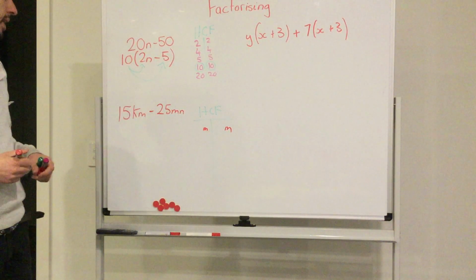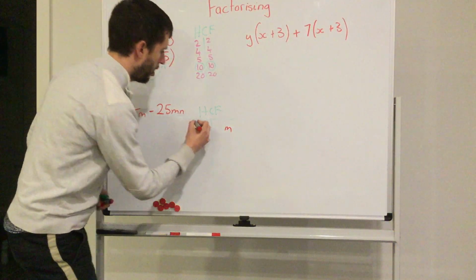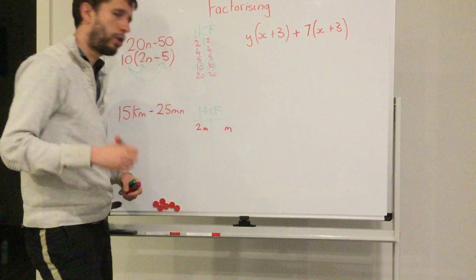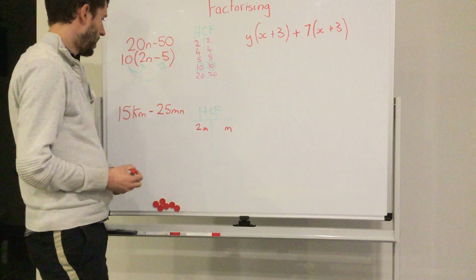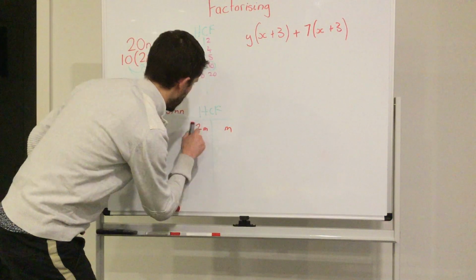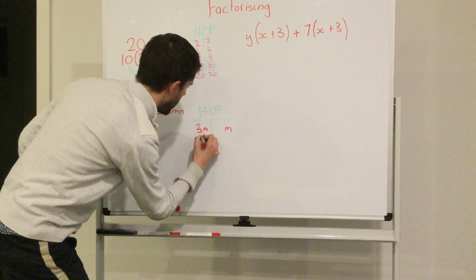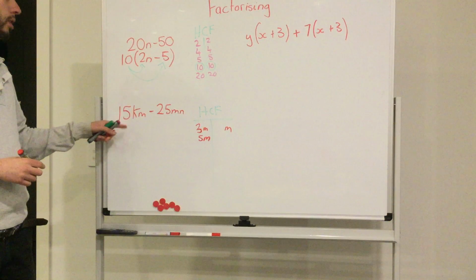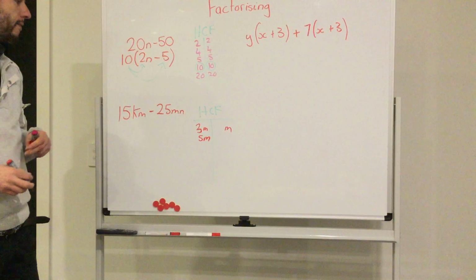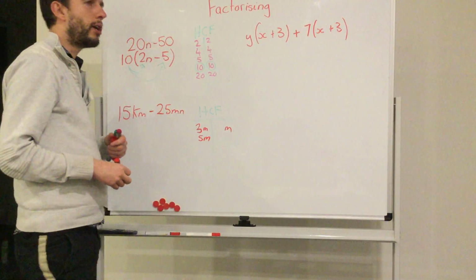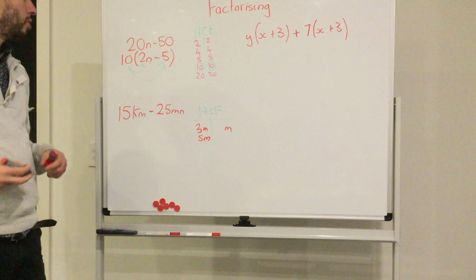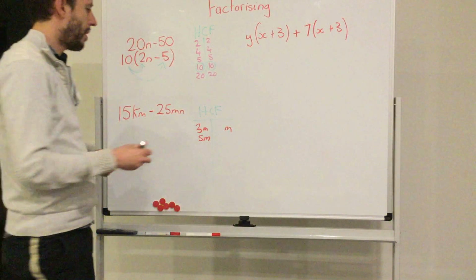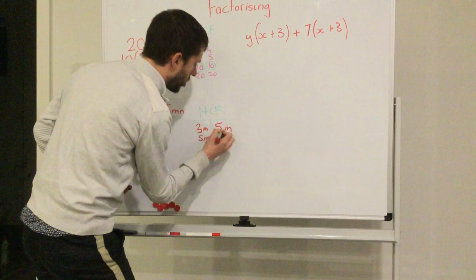Then I look at 15. So it could be 2m. So not 2, it could be 3m and 5m, because 3 and 5 are both going into 15. How about 25? Well, I know 3 does not go into 25, but I know 5 does go in.